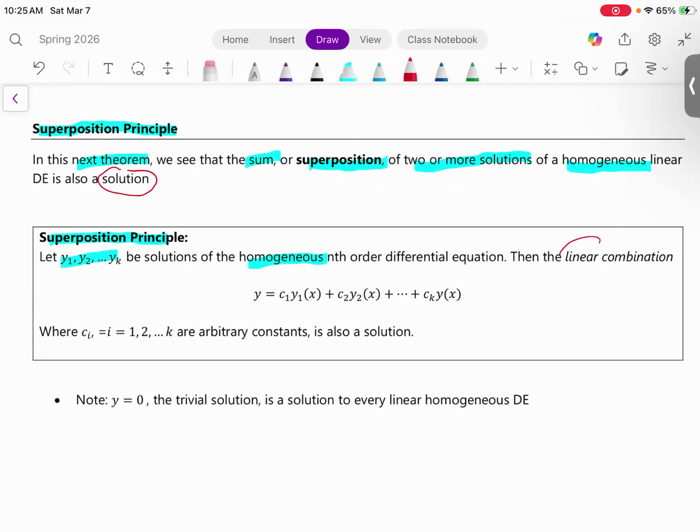The linear combination of these solutions is y equals some constant c1 times y1 plus c2 y2 all the way up to ck yk. The c's are just constants. What this is saying is that if we add up solutions to a differential equation, their linear combination is also a solution.